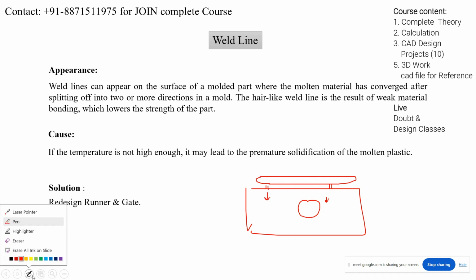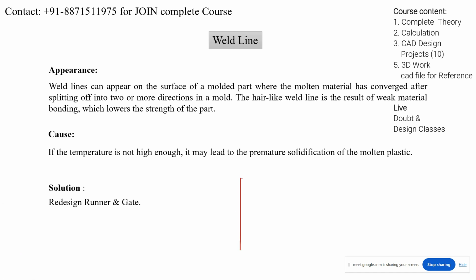Or for example, if we have a component like this, right, and a feature like this, a hole here. Okay, so here we can use a disk gate system. What can we use? Disk gate. So basically I will inject the material from this center point, right? And these all are the edge gates.